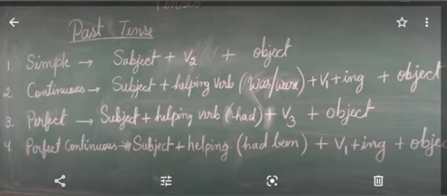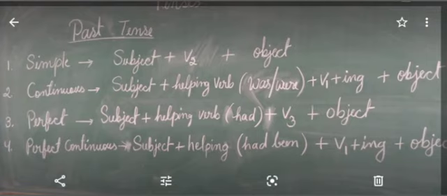Now, let us see the continuous. The formula is subject plus helping verb was or were. Was is used for singular and were for plural. Then your verb in the first form plus ing plus the object, that is, she was writing a letter.